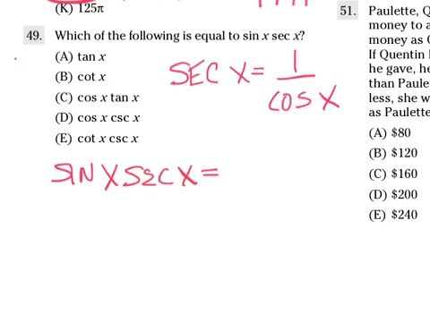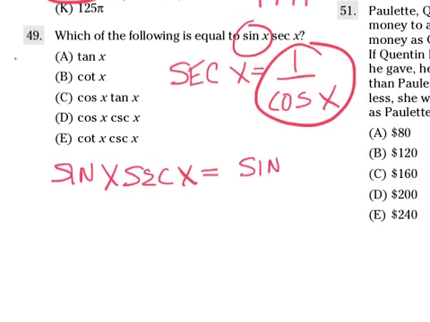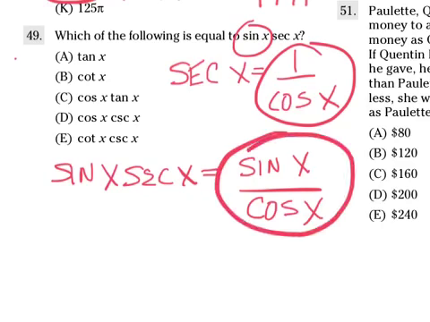If you multiply this against this, the sine ends up being on top. So after you substitute that in, you have to remember that this is an identity that equals just one of your trigonometric functions, and that's going to be tangent x. So the answer is A.